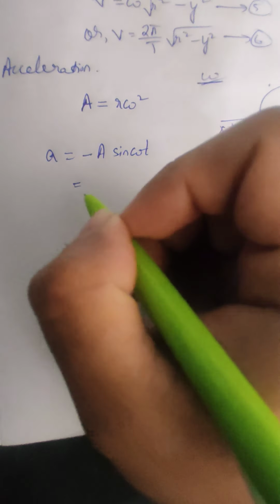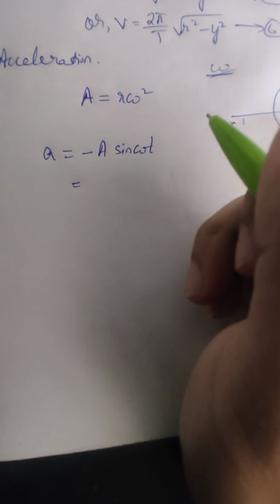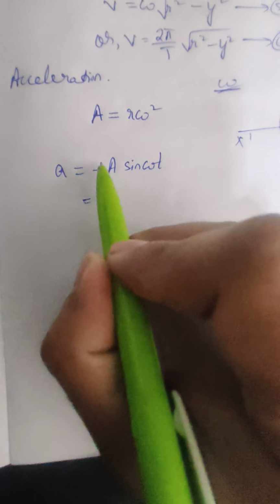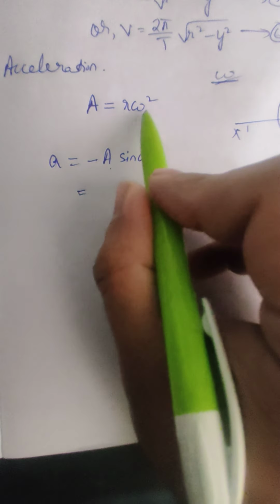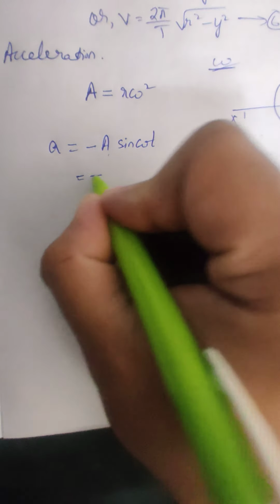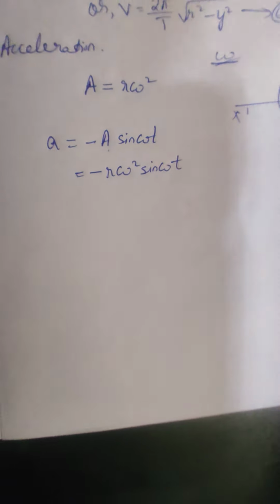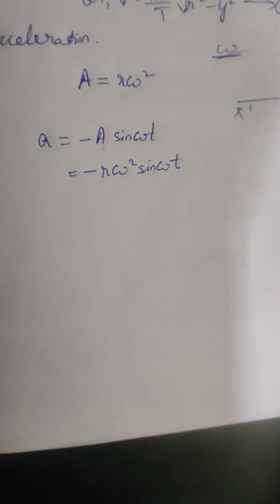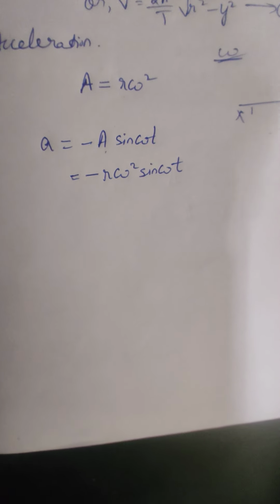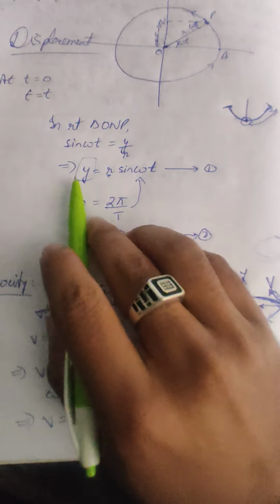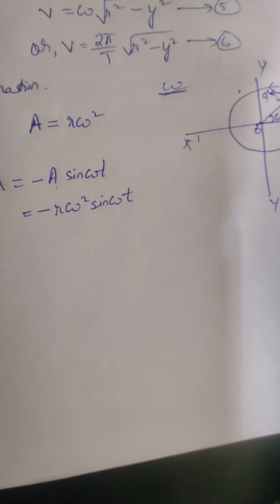So what is capital A? Capital A is r omega square, so it will be minus r omega square sine omega t, as we are putting r omega square in place of A. Now again, what do we have from equation 1? In the beginning, y equals r sine omega t.